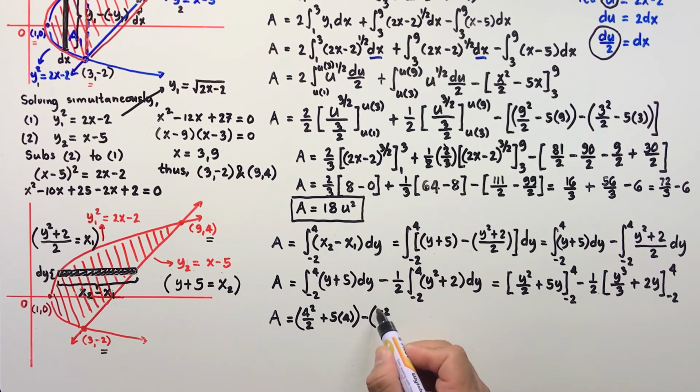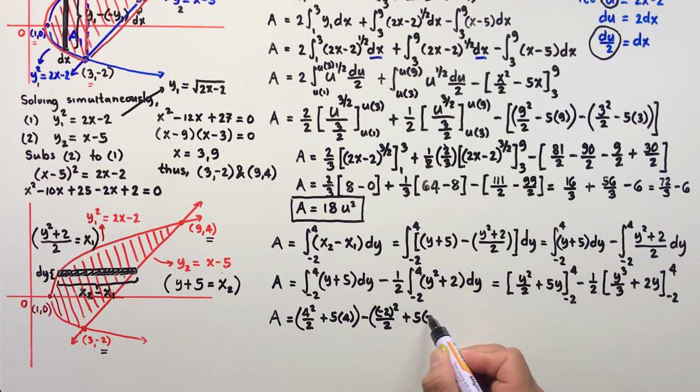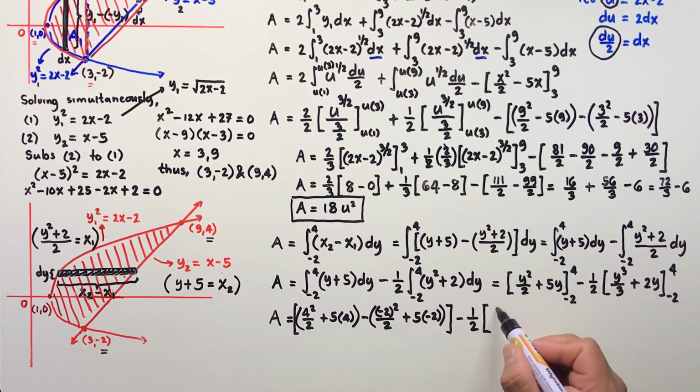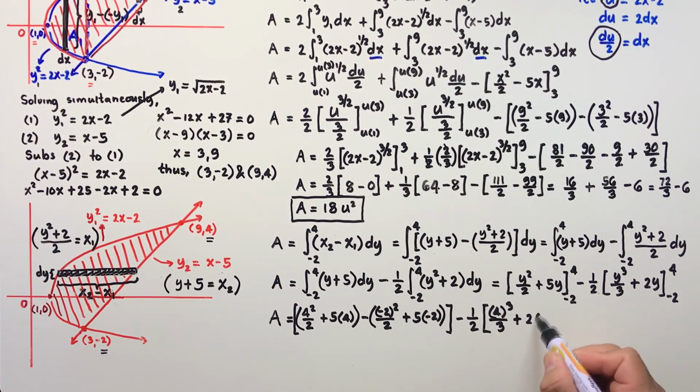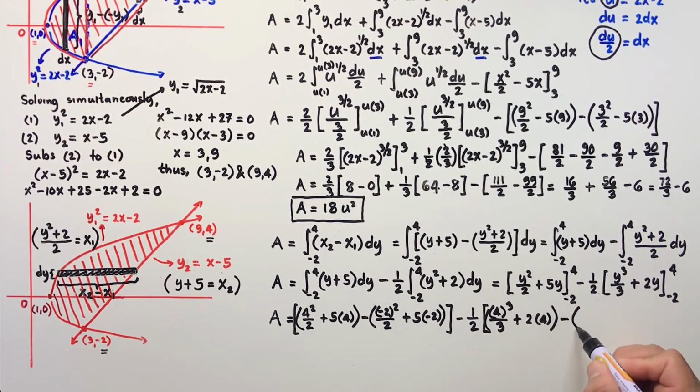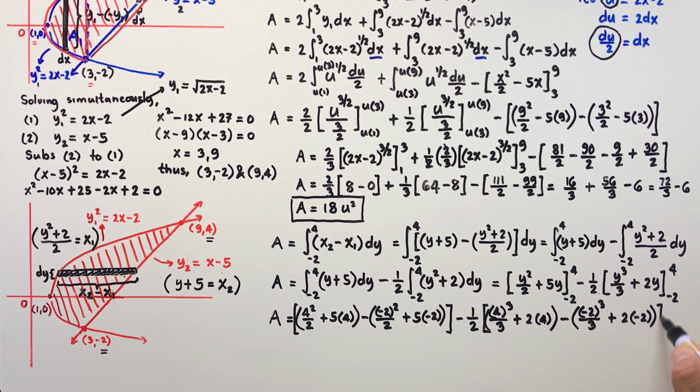So this is negative 2 squared over 2 plus 5 times the negative 2 there, minus 1/2 of the quantity when you substitute this 4 here. So this is 4 cubed over 3 plus 2 times 4 minus this negative 2 to the power of 3. So this is added to 2 times the negative 2 there.